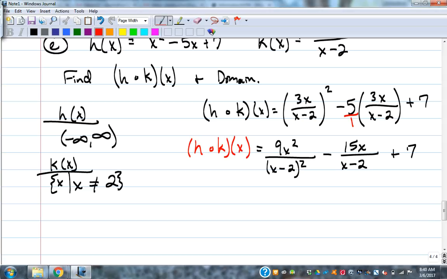All right, so what would the common denominator for those three be? Just x minus 2? Should be squared, right? Because this one has 2 of those x minus 2s. This only has 1. So it's kind of like if 49 was under 1 and 7 was under another, you'd use the bigger one there. So we need x minus 2 squared. So the second fraction needs another x minus 2.